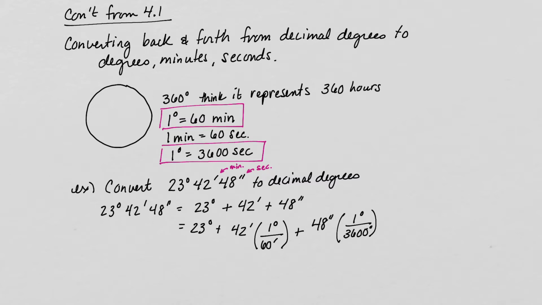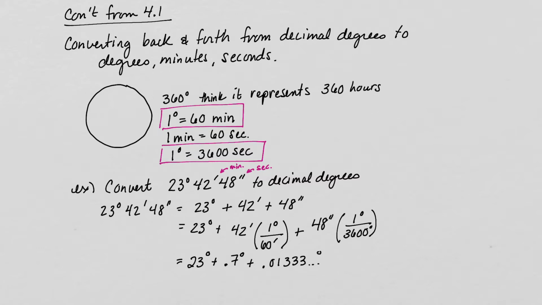So questions on where I got any of that before we work it out? No? Okay, so now I just have to figure out what this is. If we work these out, we have 23 degrees plus 0.7 degrees plus 0.01333 degrees.